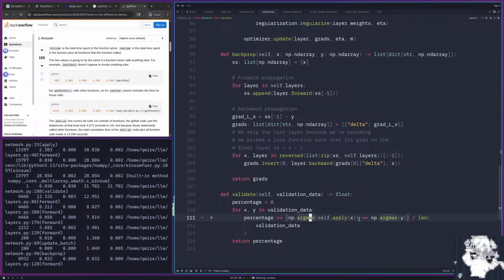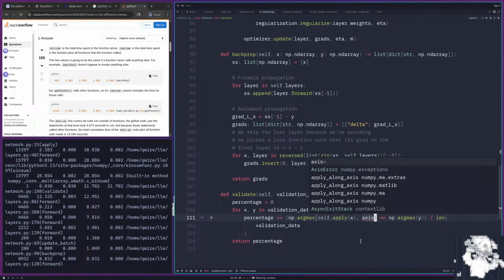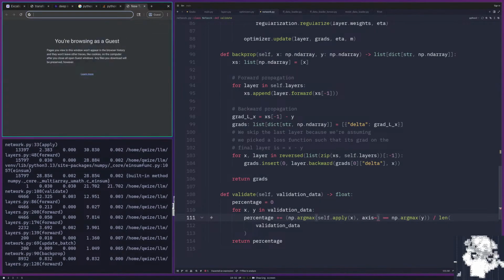I guess I need an axis on this. How does the argmax axis work?